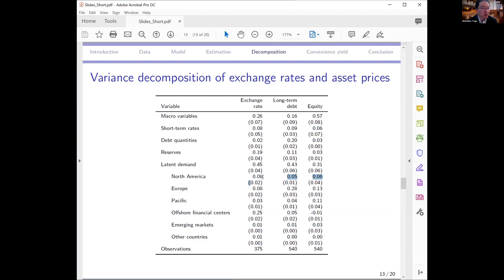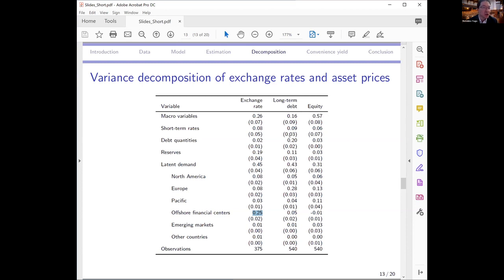Is it North American investors, which explains 8%, European investors 8%, Pacific 3%, and so on. Right? So the residual, the unexplained part, we can further decompose geographically into which investors matter for movements in exchange rates. Okay, and interestingly, offshore financial centers, where a lot of money market funds are located, explain up to 25% of the movements in annual exchange rate movements.